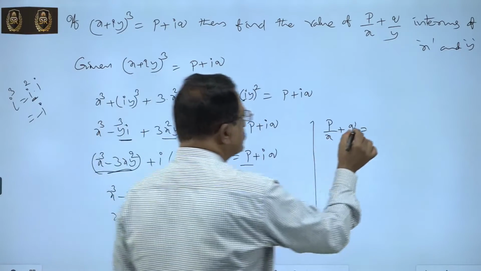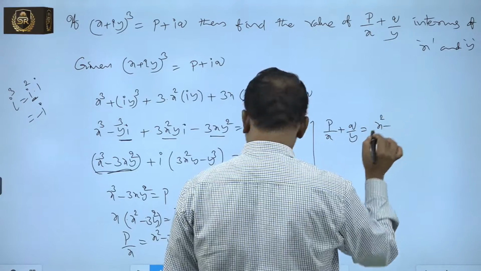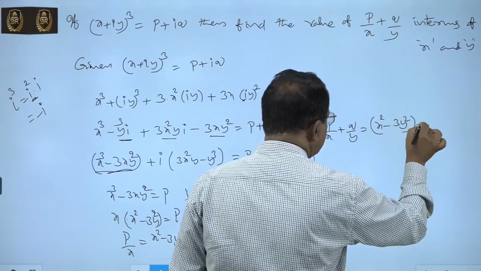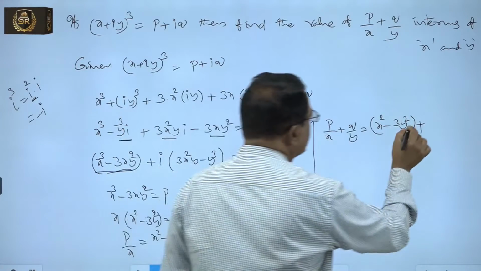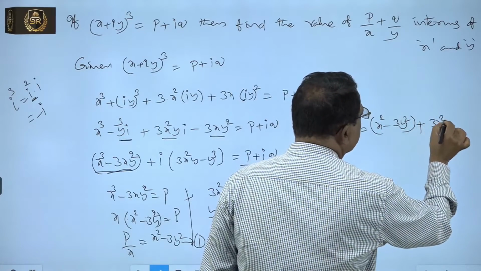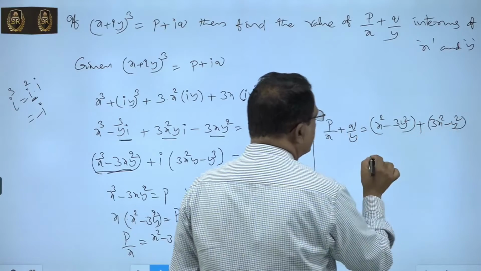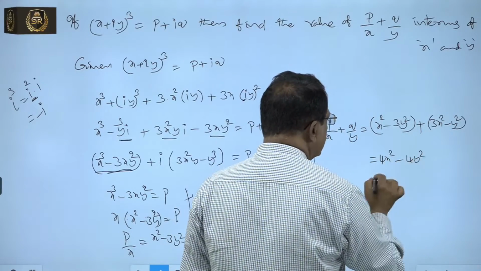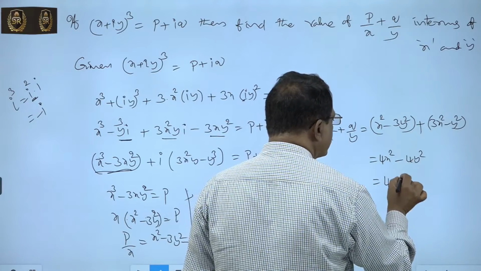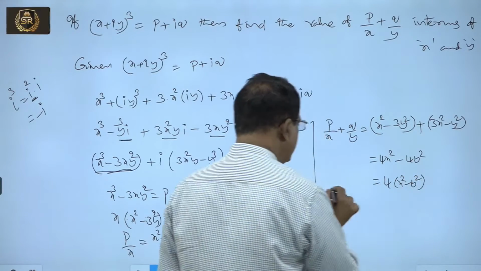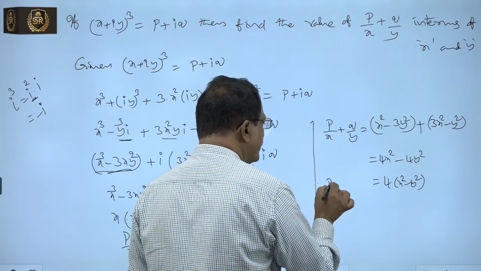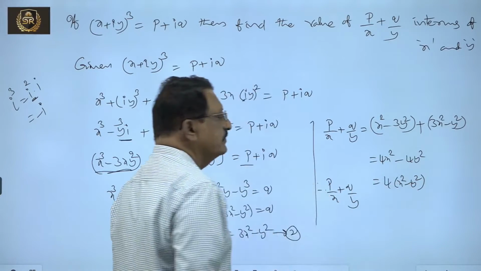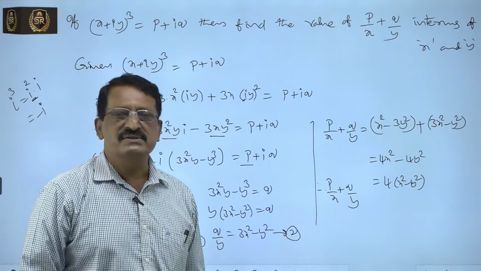P by x equals x square minus 3y square, plus q by y equals 3x square minus y square, that equals 4x square minus 4y square, or that equals 4 of (x square minus y square). Therefore p by x plus q by y equals 4 of (x square minus y square).